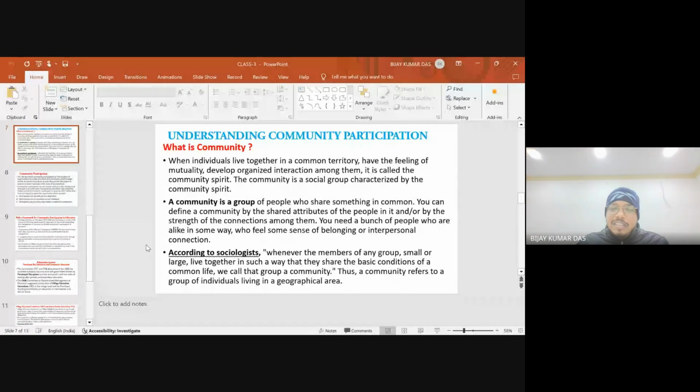You know that the role of a community for strengthening the system of education is very much important, right? How? As you know, those who are living in an area, or you may say a common geographical area, a large or small group living together with certain goals, objectives, roles, conditions, customs, traditions.